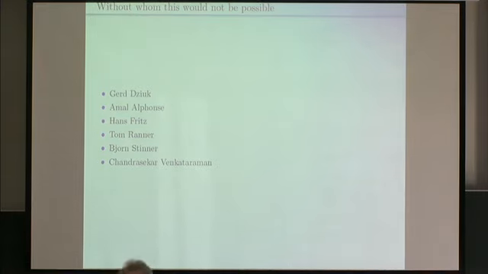who a long time ago in the 80s, he decided that it would be quite interesting, because his background was geometric analysis. So Gerd Dziuk, his background was geometric analysis. He began studying differential geometry with analysis in Bonn.